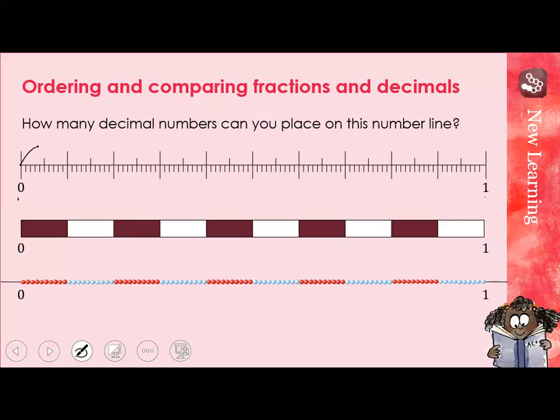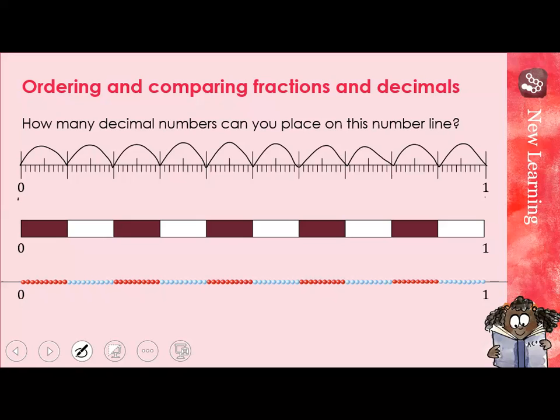So how many of these size jumps do I have? Well, I've got 1, 2, 3, 4, 5, 6, 7, 8, 9, 10. So my 1 has been split into 10 equal parts.